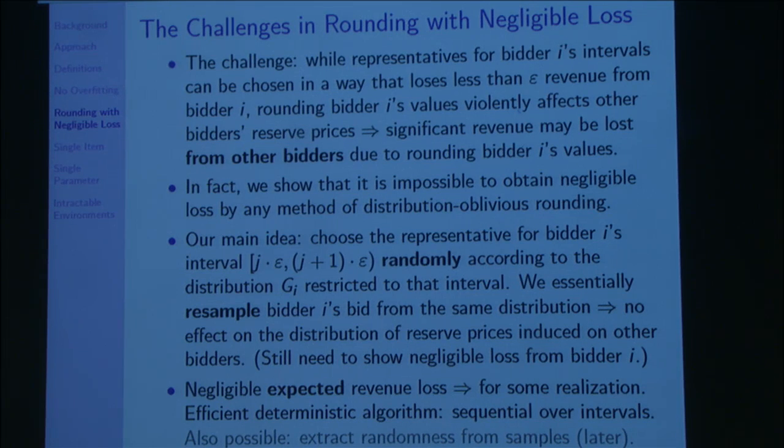One of them will not lose a lot of revenue with high probability. Take that choice for representatives. That would have actually worked as well. But that results in a randomized rather than a deterministic learning algorithm. And we actually have a pretty cool way of de-randomizing that.